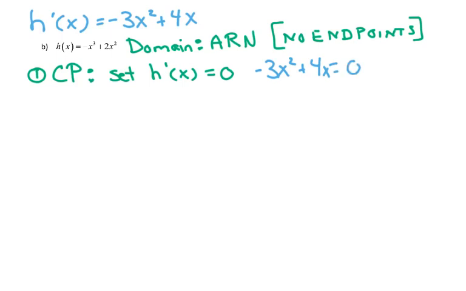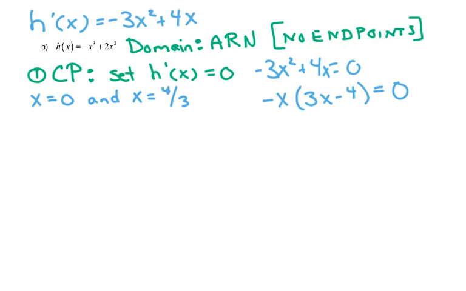If it was me, I would factor out negative x, leaves me with 3x minus 4 equals 0. My critical points happen at x equals 0 and x equal 4/3. How did I get that? You set each factor equal to 0 and solve for x.